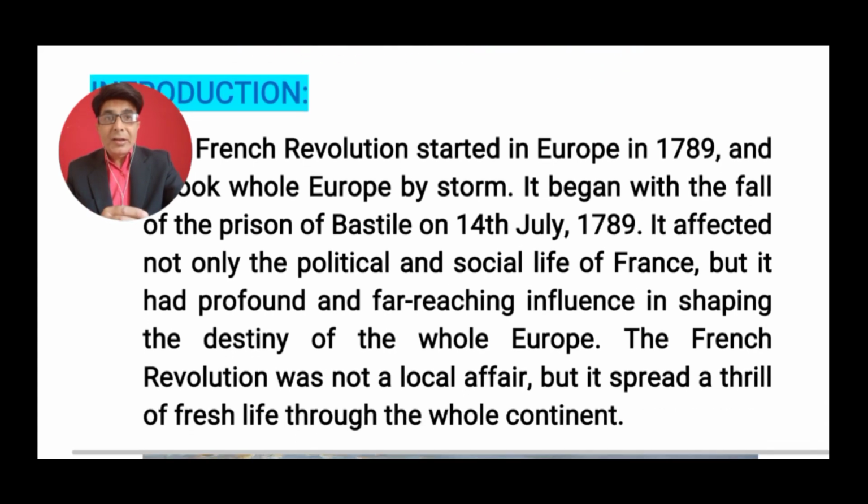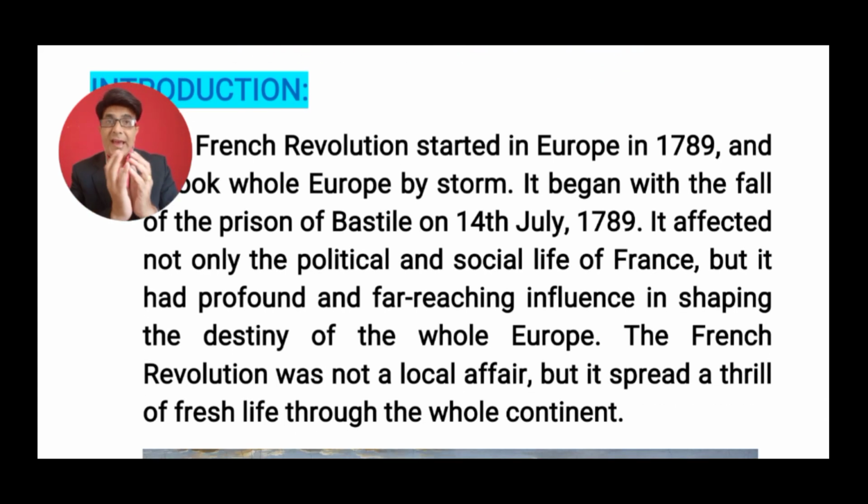It gained importance as a political and social movement not only in France but in Europe. It had a deep and far-reaching influence in shaping the future of the whole of Europe, and in the same manner, it had an influence on English literature.